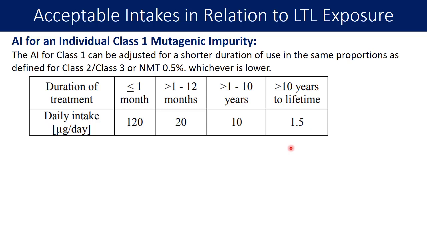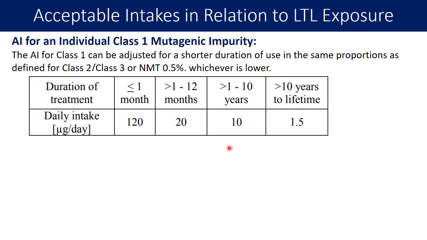So I want you to correlate now. For 1.5 microgram, if the daily intake is 10 micrograms for 1 to 10 years, what will be the daily intake in case 15 microgram is the limit for the lifetime?